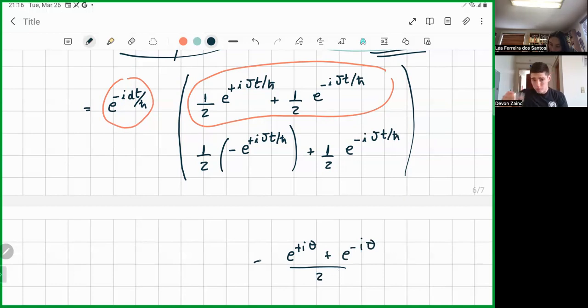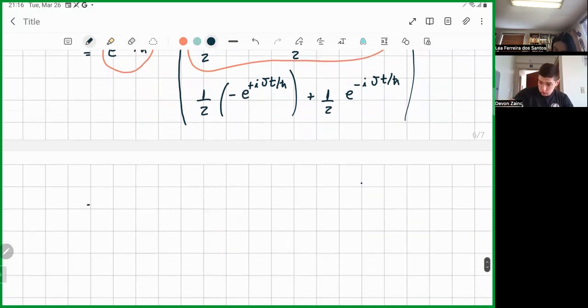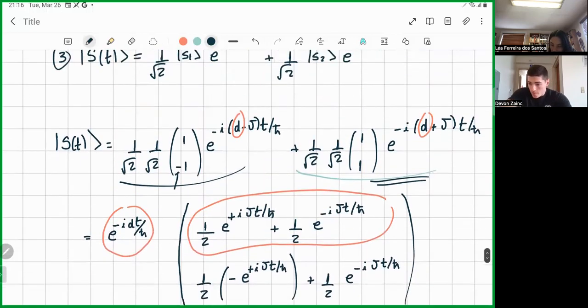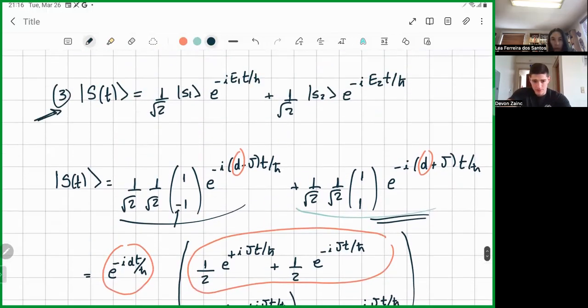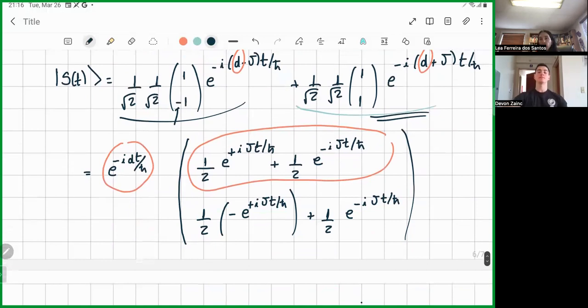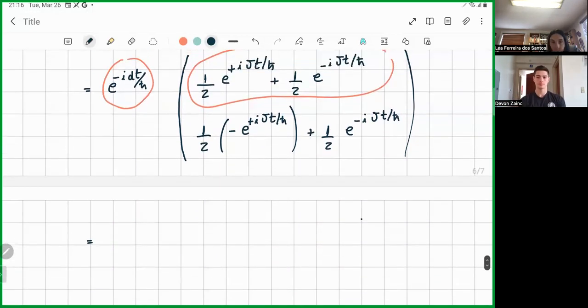This is cosine. Okay? So that top there is a cosine. I'm going to erase this and write it. And so let me repeat. Once we reach this point, we were done with the problem. We are now just writing it in a single vector because there is more we can extract from this solution. More physics.